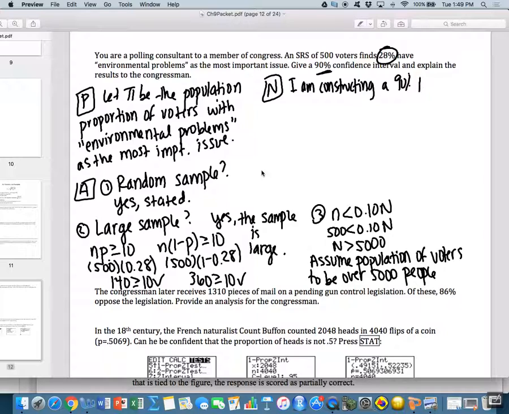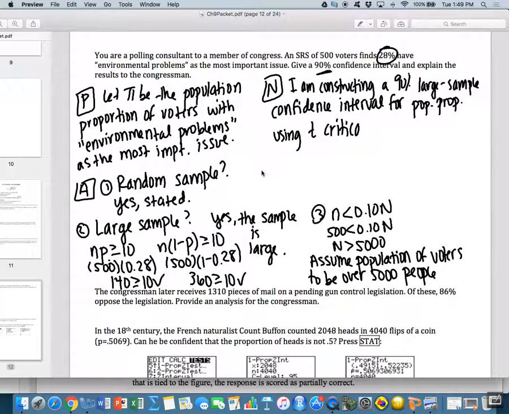A 90% large sample confidence interval for population proportion. Of course, you're going to write it out. Using the T critical values table, which you've never used yet.